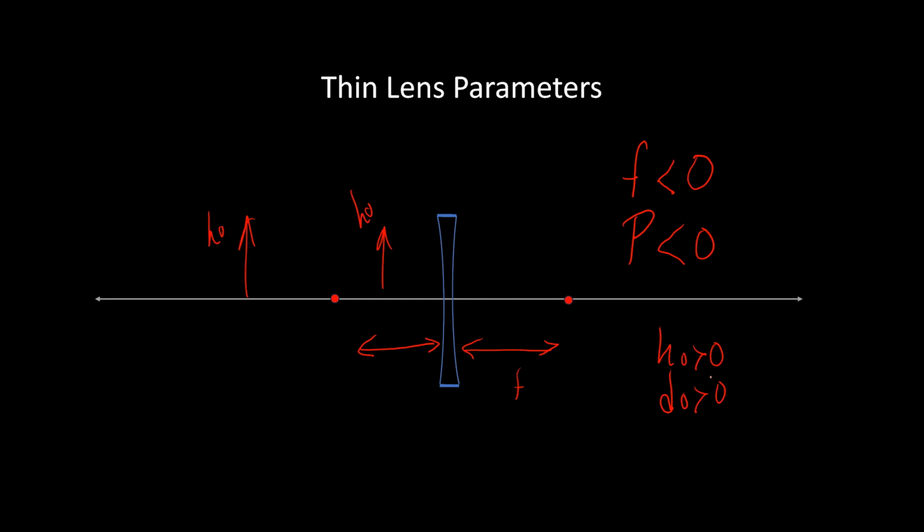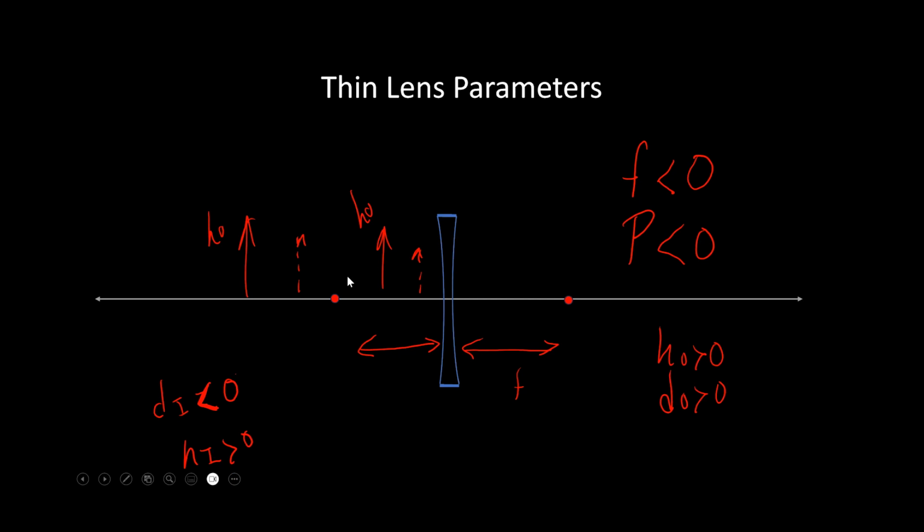However, the image of an object for a diverging lens is always virtual. So di is less than 0. hi is positive because it points up.